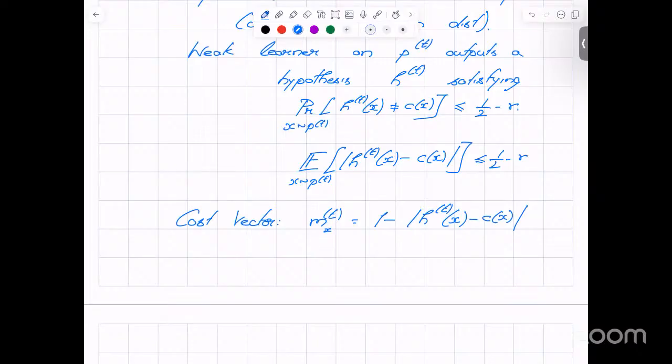The reason is that for any x that I already got correct, I need to put weight on the x's which are not got correct. So I need to skew the distribution towards x's which have not got it correct so far, and therefore this sort of cost vector actually helps me.